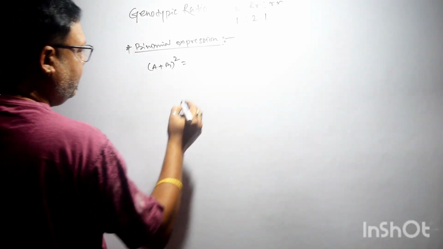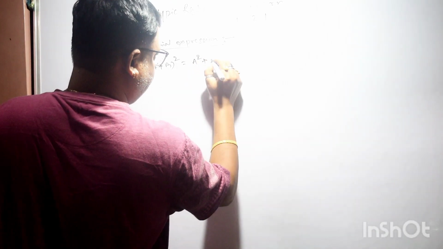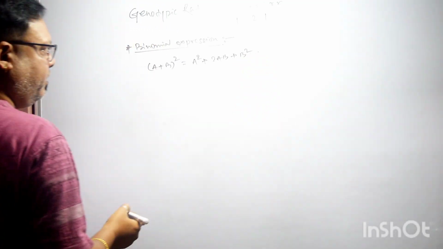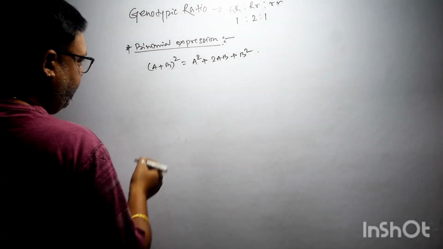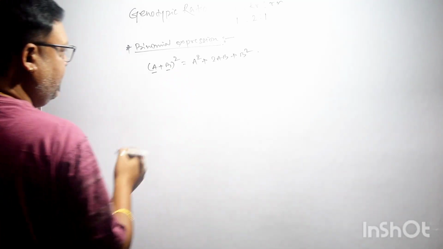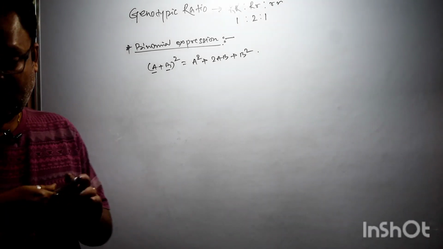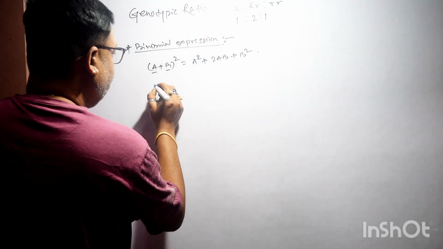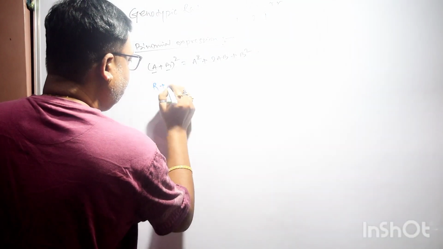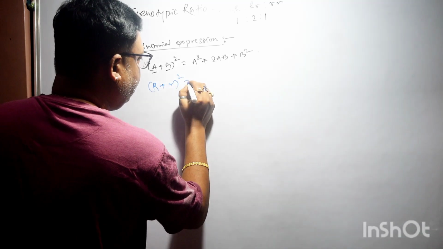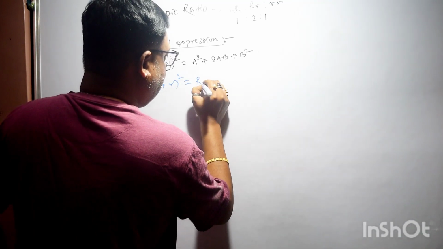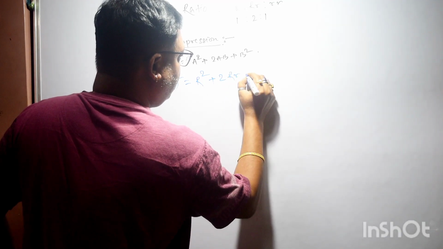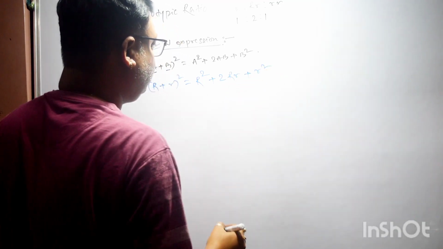It states a square plus 2ab plus b square. Okay. Now if in case of a and b we put capital R and smaller r, it looks like (capital R plus smaller r) whole square. So it will become capital R square plus 2 capital R smaller r plus smaller r square.